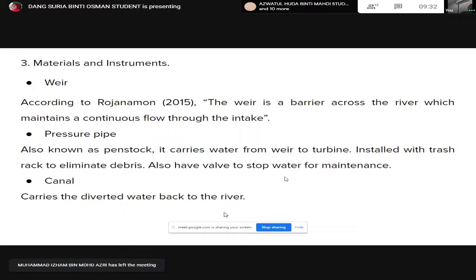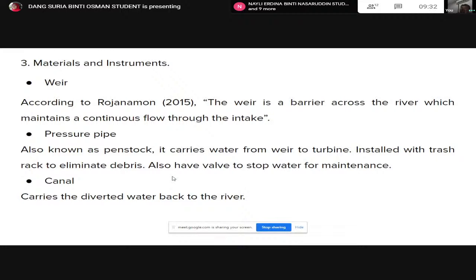So the weir is essentially a tank to collect the flowing water from the river, and then the water will go through the pressure pipe and bring it straight to the turbine. But at the pressure pipe, we also have a trash rack to eliminate debris. It filters the water, and it also has a valve so that the water can be stopped for maintenance. There is also the canal, which is connected to the powerhouse. It carries the diverted water back to the river.